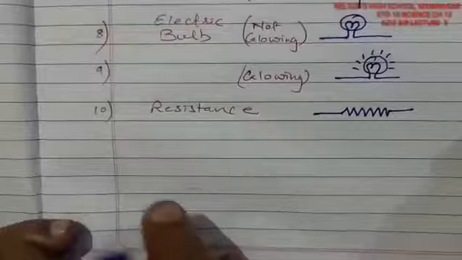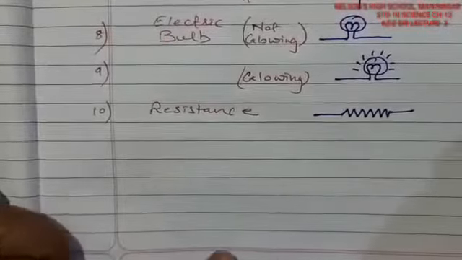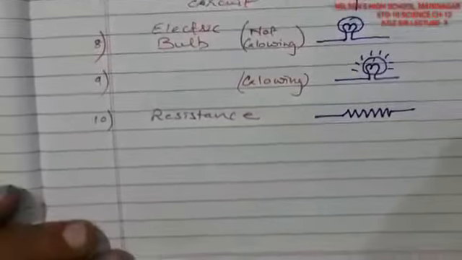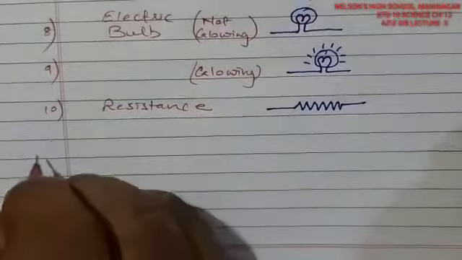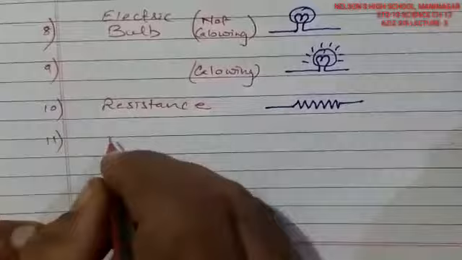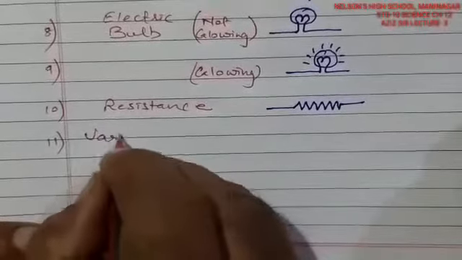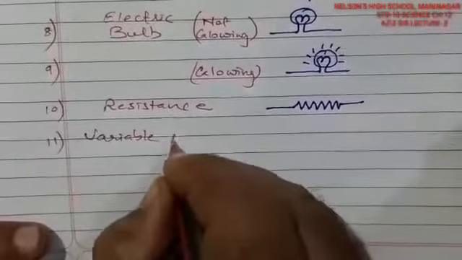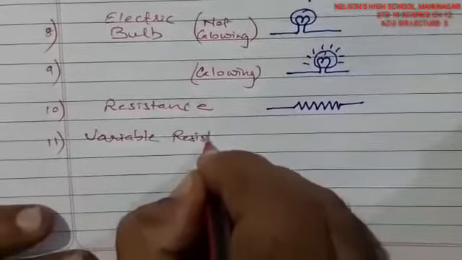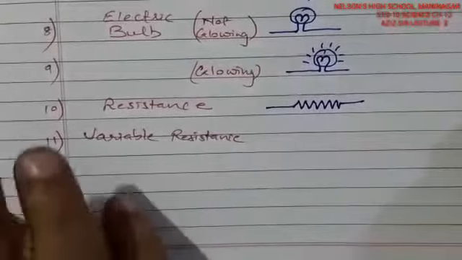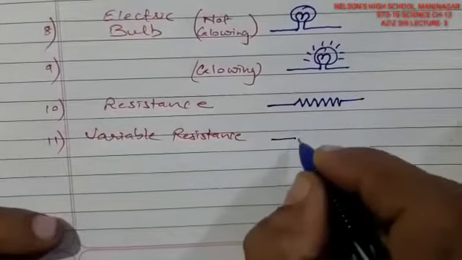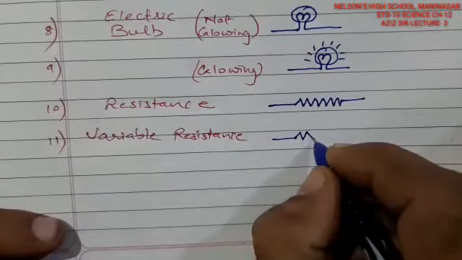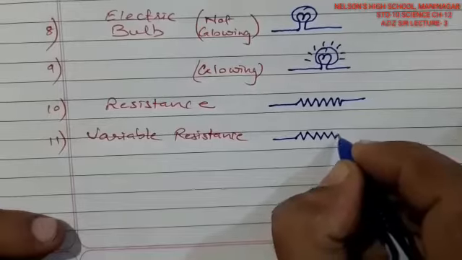Then we'll go for variable resistance. 11th we'll go for variable resistance. Now variable resistance is drawn generally as you know that we draw a line, cross line over any one, that is a variable portion.